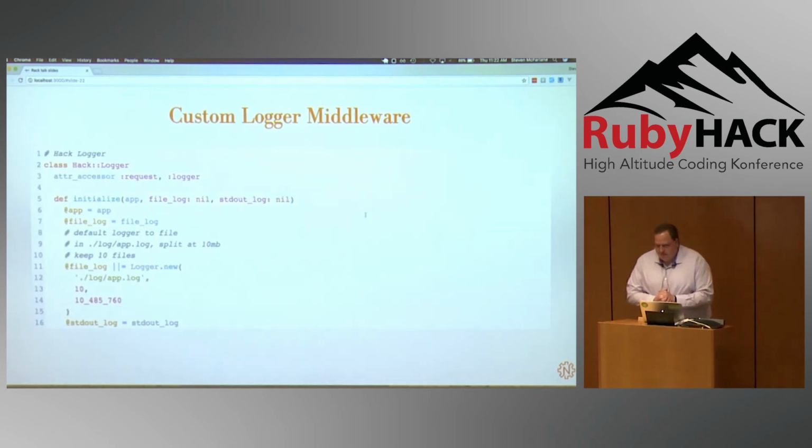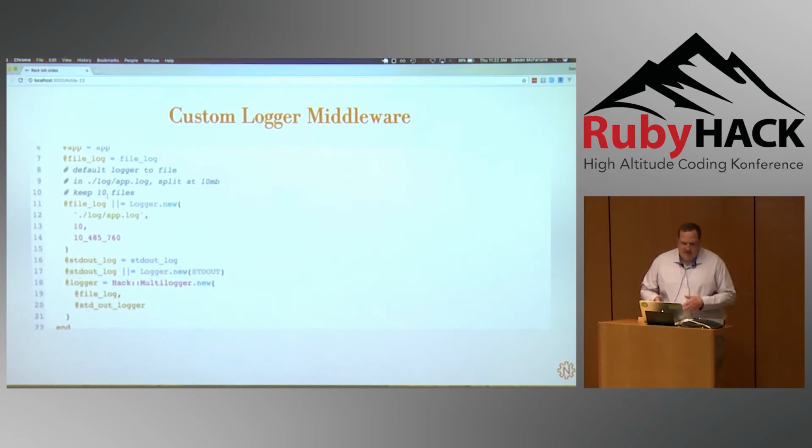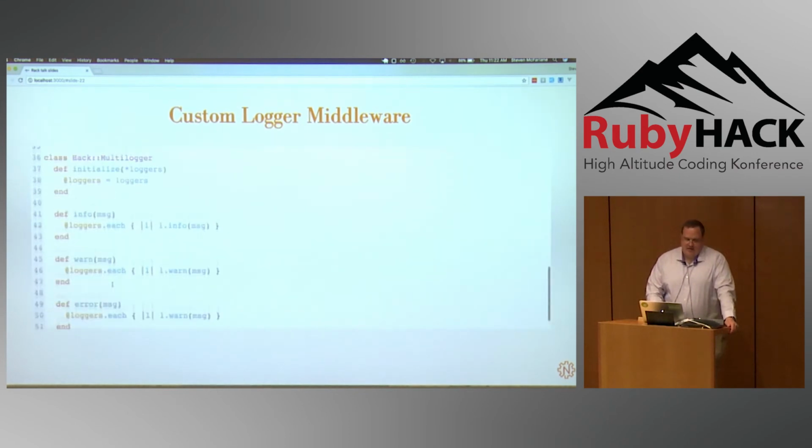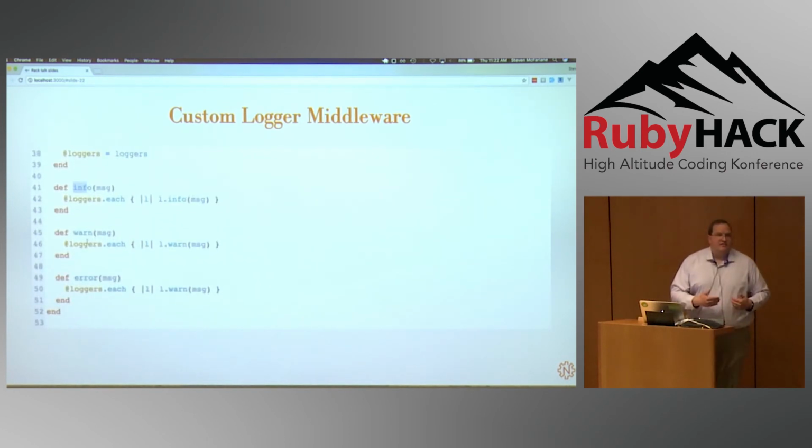So here's some code for my custom logger. We're able to take a file log and a standard out log. And so the file log will log to the file, the standard out log will log to that. And then I had to create a custom multi-logger, which simply delegates whatever message is sent to the multi-logger to each of the loggers that I have given to this middleware.